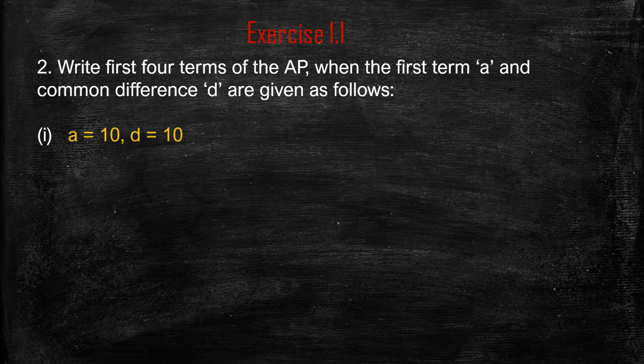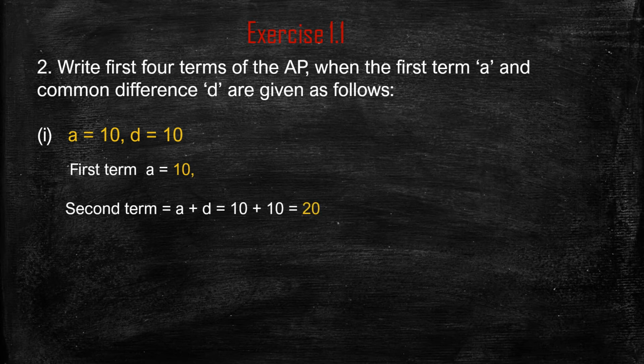Write the first four terms of the AP when the first term a and the common difference d are given. The first question, a is 10 and d is 10. First term is given as 10. Second term will be a plus d, isn't it? Add the common difference to the first term to get the second term. So a plus d is 10 plus 10, 20.